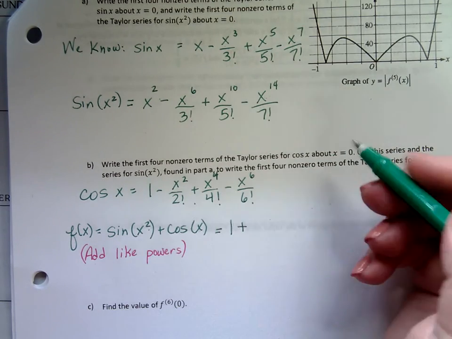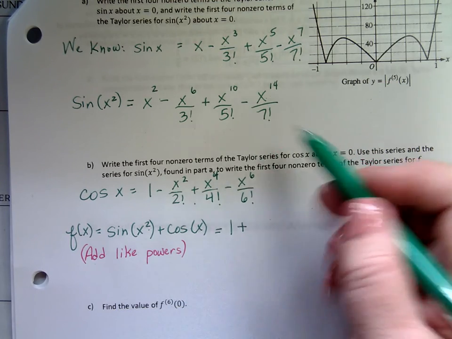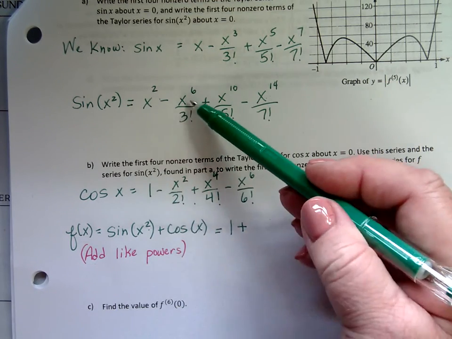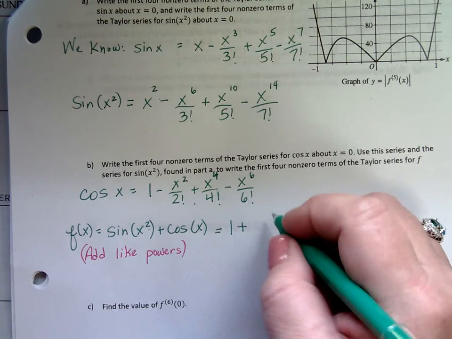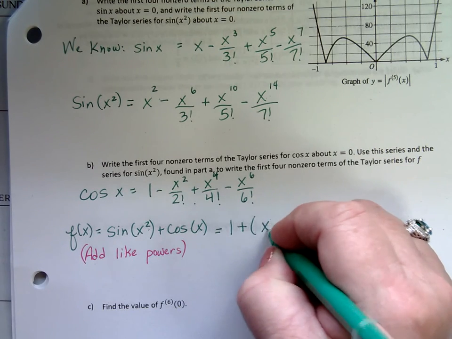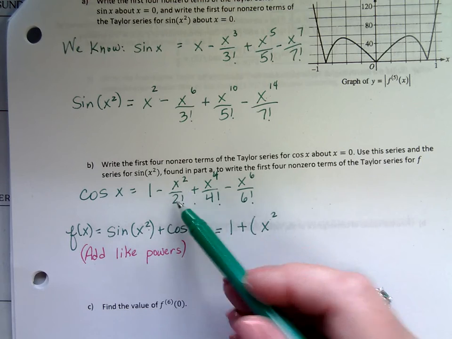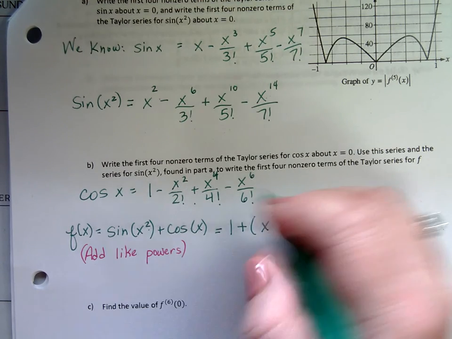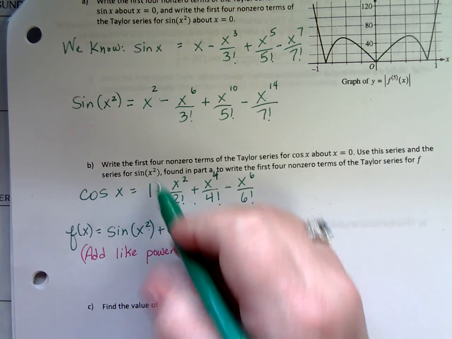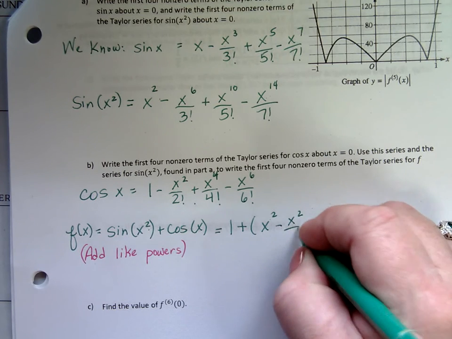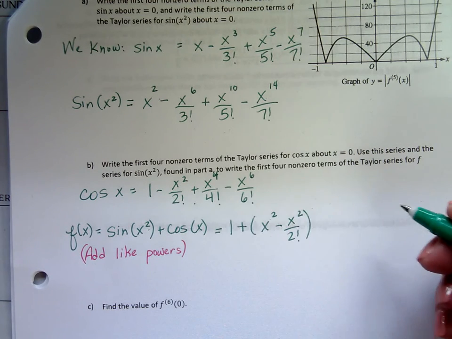All right. The next thing I have, and remember I'm adding this sine of x squared with the cosine of x, is an x squared, right? I have an x squared that has to be added with x squared over 2 factorial. But this is negative. This guy's positive. So positive, negative, x squared over 2 factorial. Now we'll come back and do the math of that in just a minute.